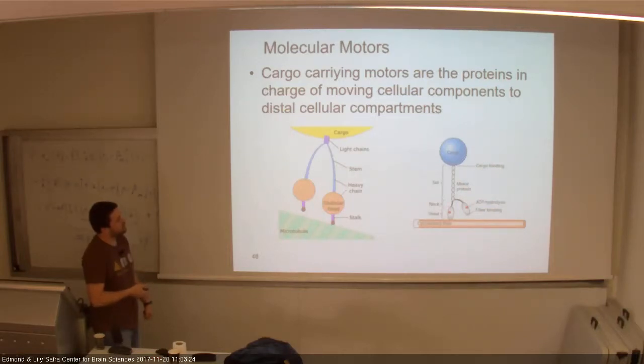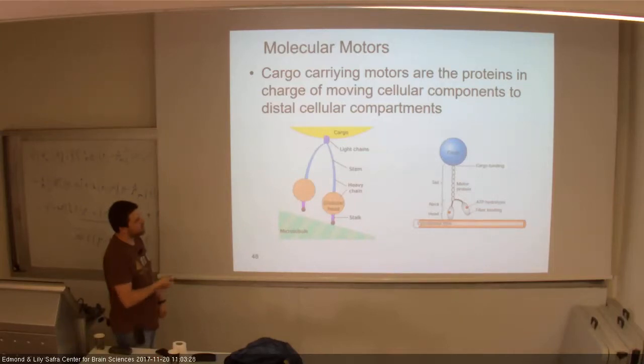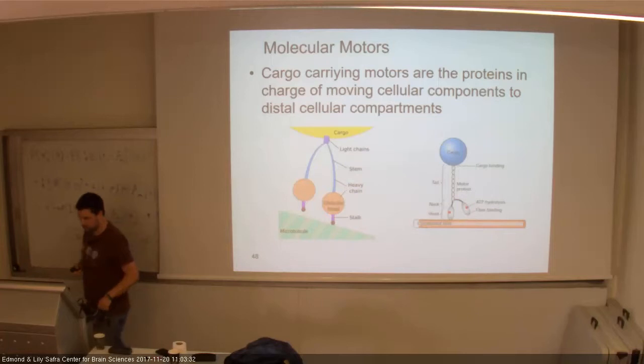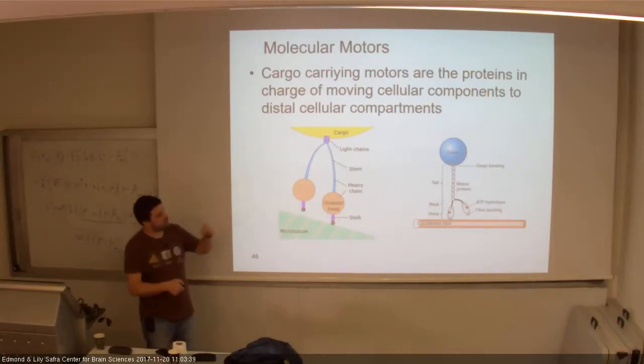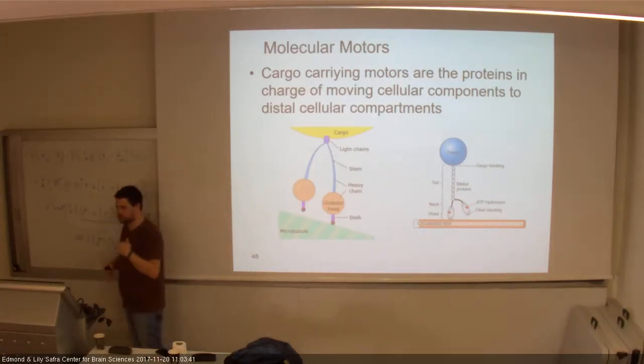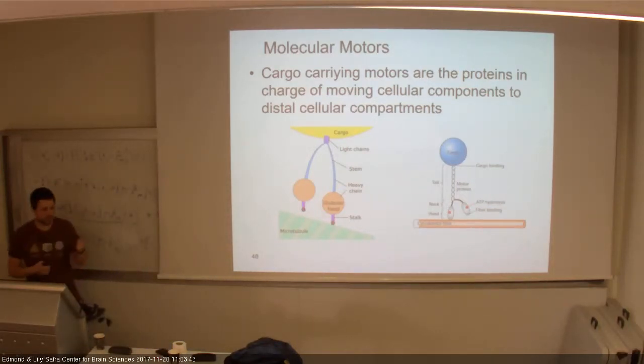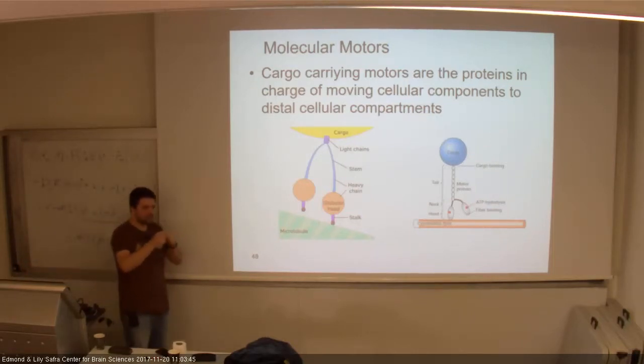And again, they do it in the same way. They do it by hydrolyzing ATP. And these heads are very similar to the heads that you saw before in the case of the motor proteins. And we said that there are different types of cargo proteins, like you saw in the nice animation movie that I showed you, that do the distribution locally.